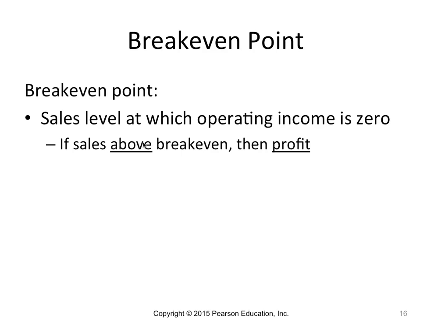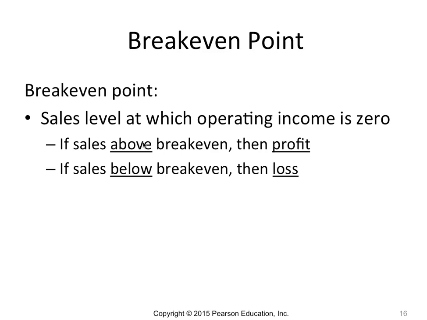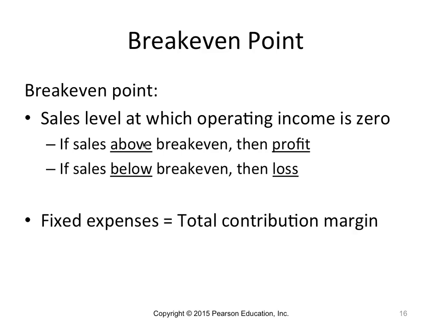If sales is above the break-even point, then we have a profit. If it's lower, then we have a loss. So that basically means fixed expense equals total contribution margin, and our total sales equals total expense.